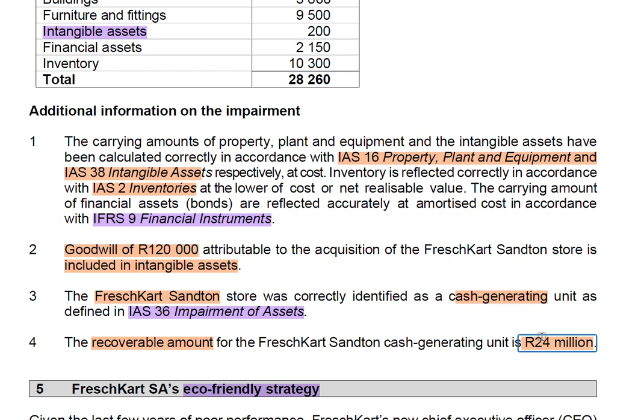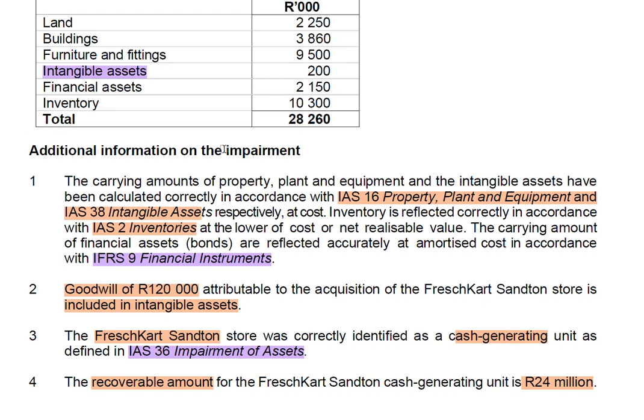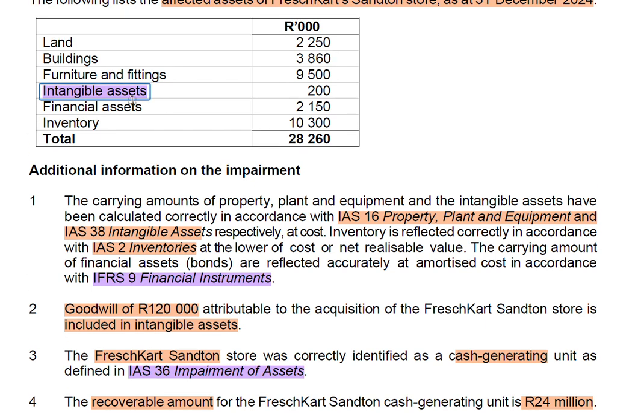Because for us to know what the carrying amount is, we need to remove the amount of impairment from the balance that we have. When it comes to impairment, the standard that guides us is IAS 36, which is the impairment of assets. So what do we know about it? We know that IAS 36 excludes financial assets and inventory from its scope.